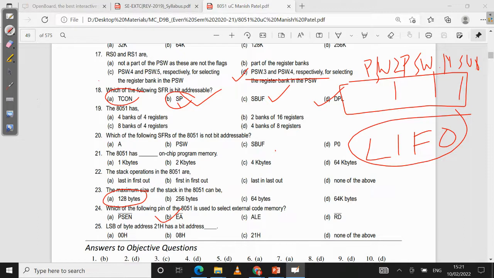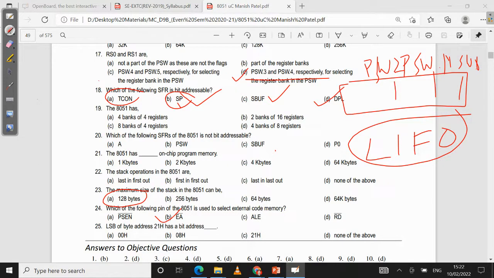So the least significant bit of byte address 21H has a bit address dash. This is very interesting. Keep the options in mind. I will take you to the figure and you will give me the answer. Again, I am repeating the question.